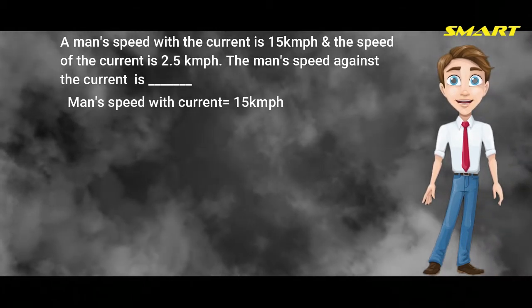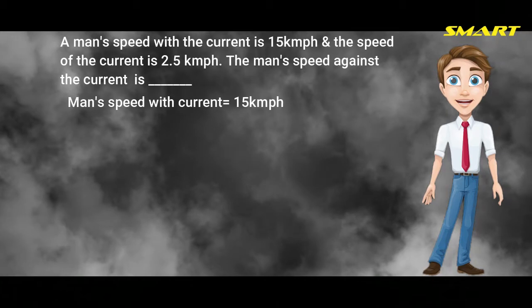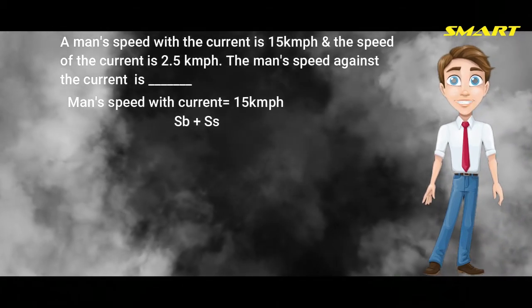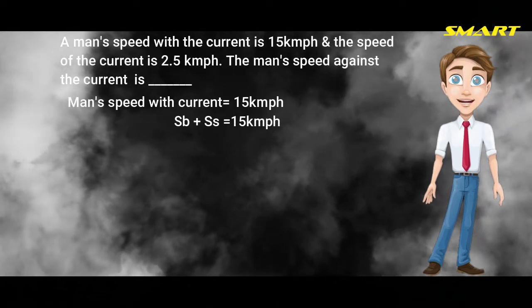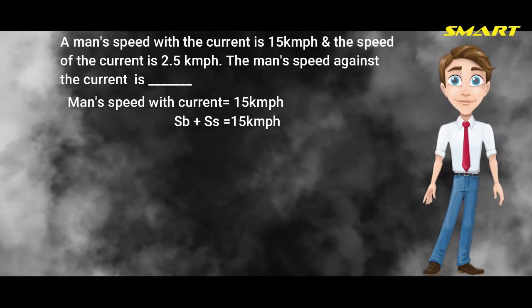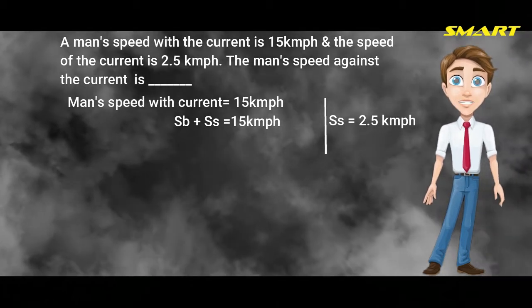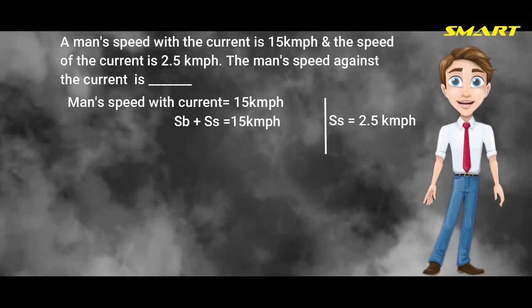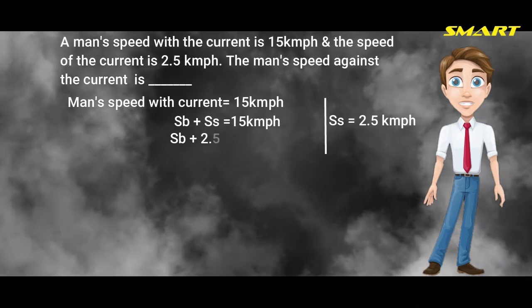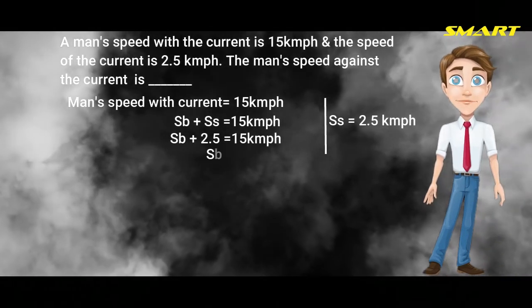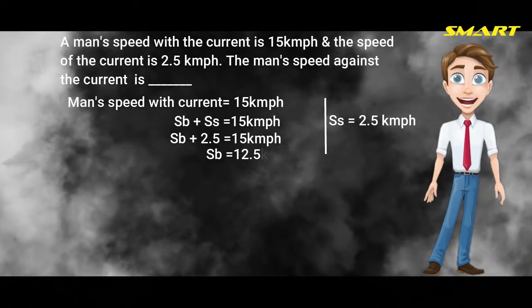Simply we can say that is downstream, and since it is downstream, it will be the sum of boat speed and stream speed. And we know speed of stream is 2.5 km per hour. On substituting the values, we can write speed of boat plus 2.5 equal to 15 km per hour, and speed of boat will be equal to 12.5 km per hour.